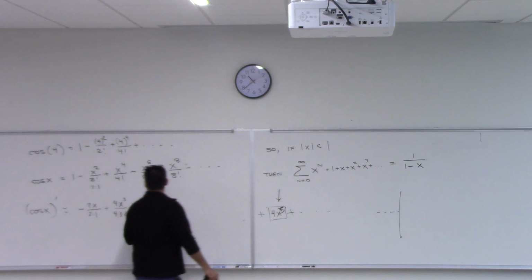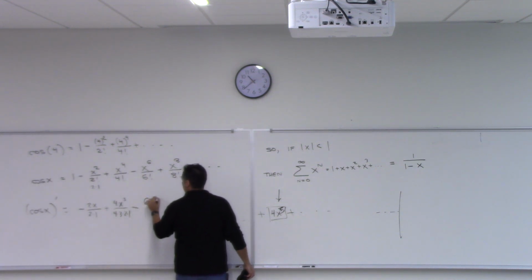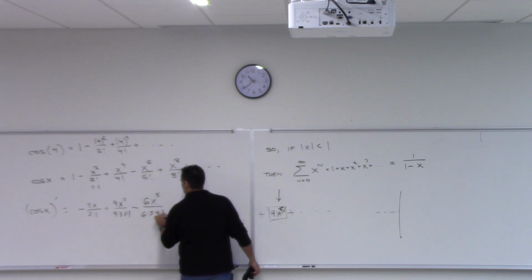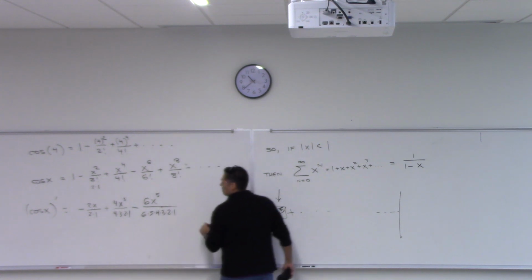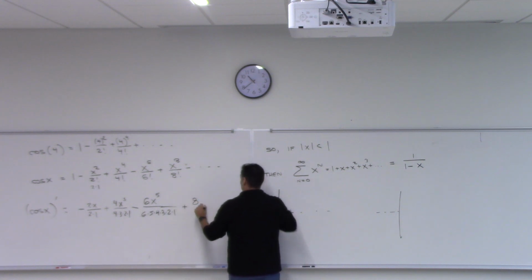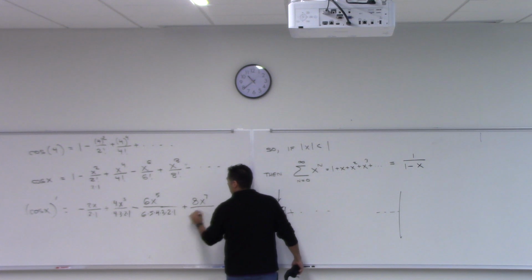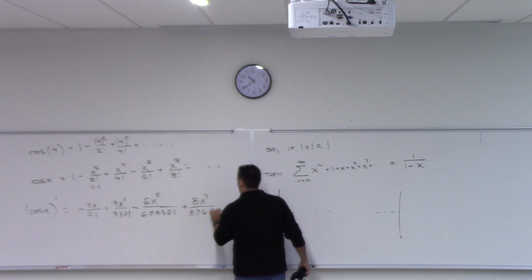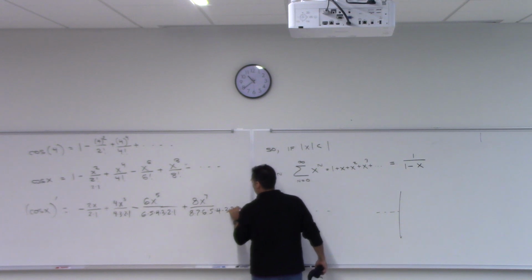Next one, minus 6x to the 5th over 6 times 5 times 4 times 3 times 2 times 1. I'll go one more. Plus 8x to the 7th over 8 times 7 times 6 times 5 times 4 times 3 times 2 times 1.